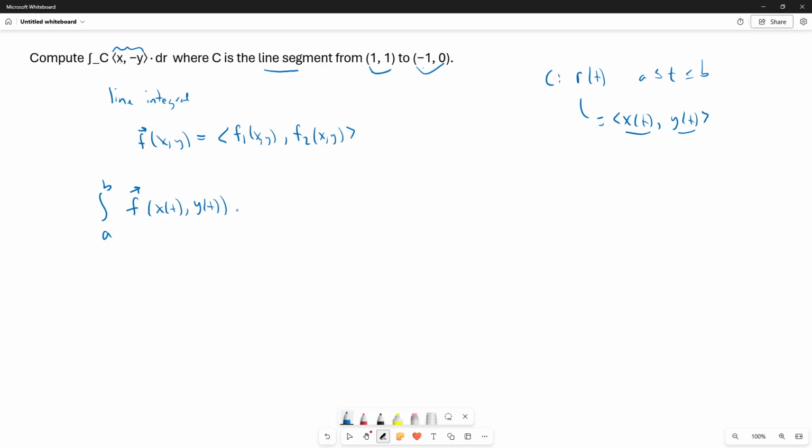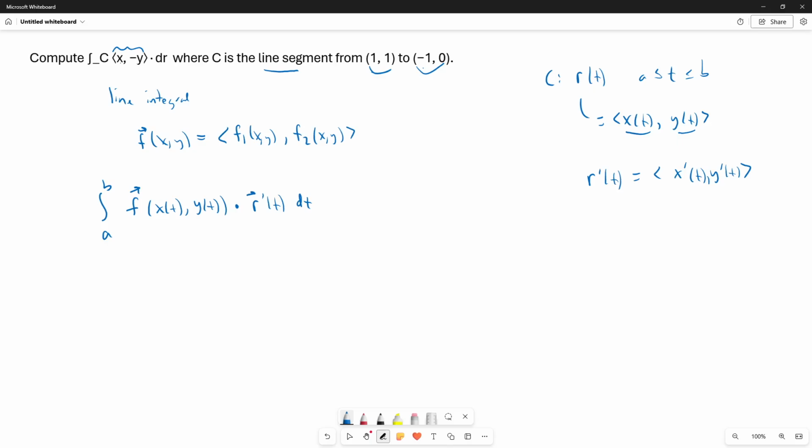And then we have to dot this with dr. r prime of t is the vector x prime of t comma y prime of t, and dr will be r prime of t dt.